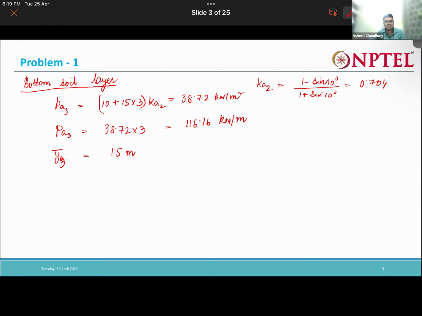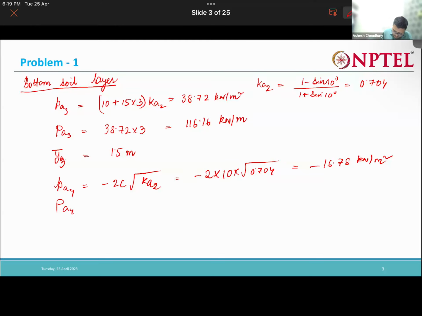So that term is actually a fixed term, right? It doesn't depend upon the depth, isn't it? So due to that cohesion part, we will consider PA4 as minus 2c root over Ka2, that is minus 2 into 10 into root over 0.704. So it will come minus 16.7.